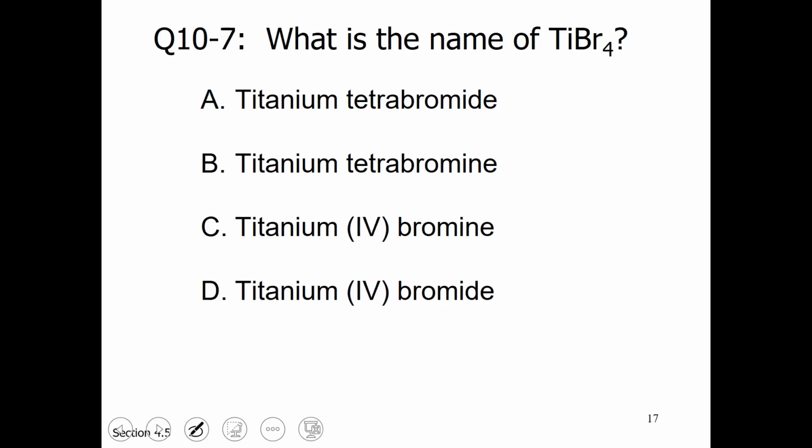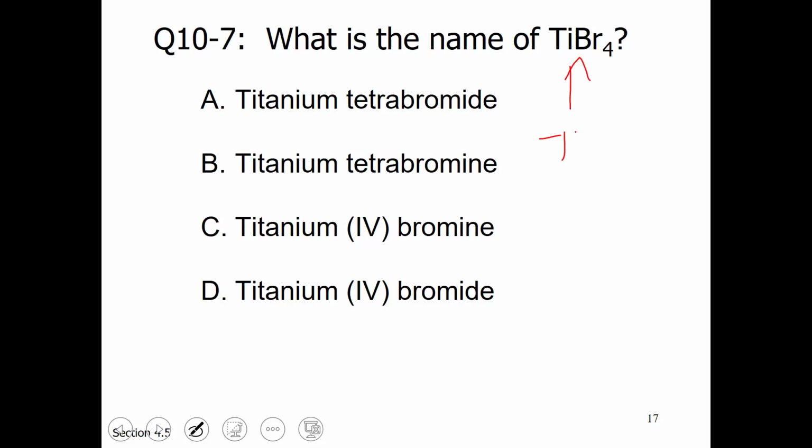So let's look at titanium with 4 bromines. Titanium is main group metal or transition metal? I think it's a transition metal if you're watching this and also looking at your periodic table.